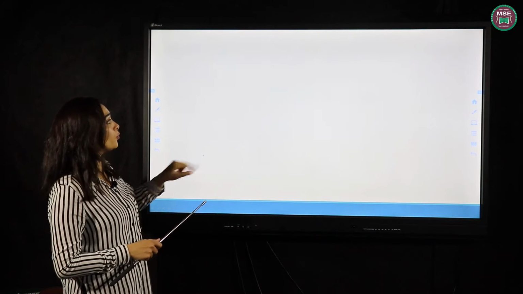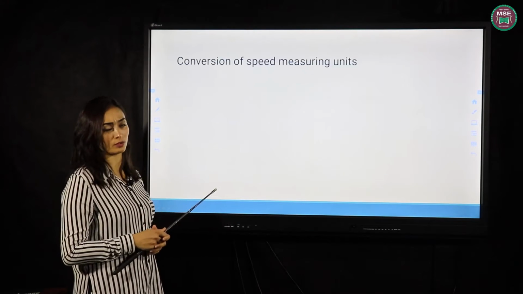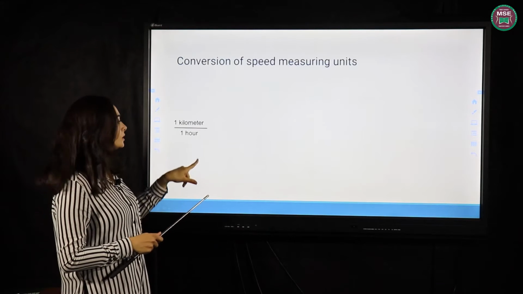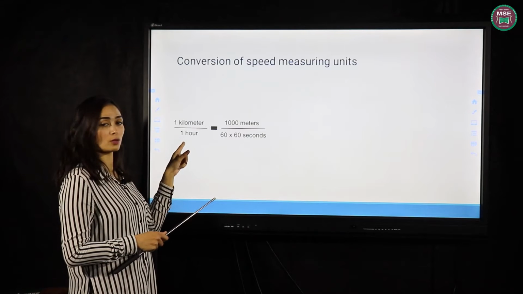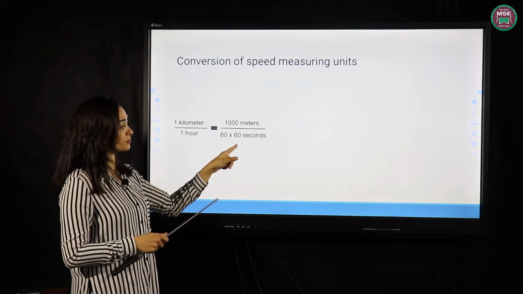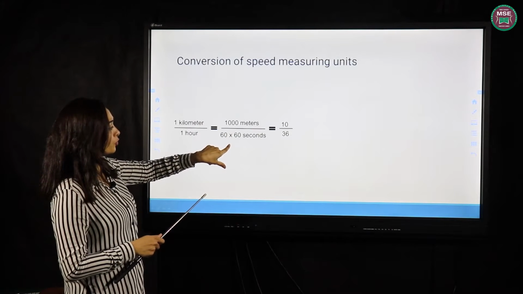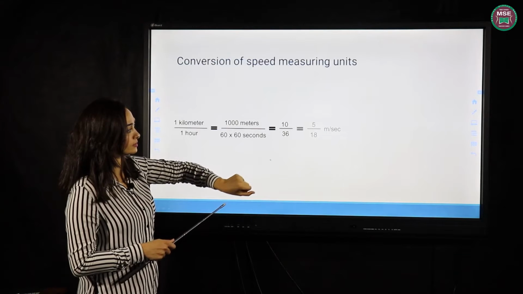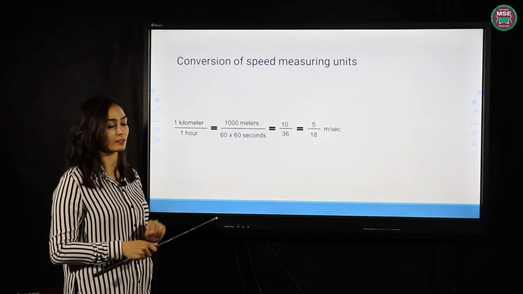Okay? Now, if I want to convert the measuring unit, let's see. 1 kilometer equals how many meters? Yes, 1000 meters. 1 hour contains 60 times 60 seconds. So 1000 over 60 times 60 equals 10 over 36, which equals 5 over 18 meter per second.